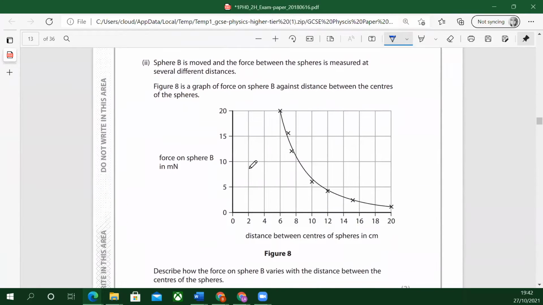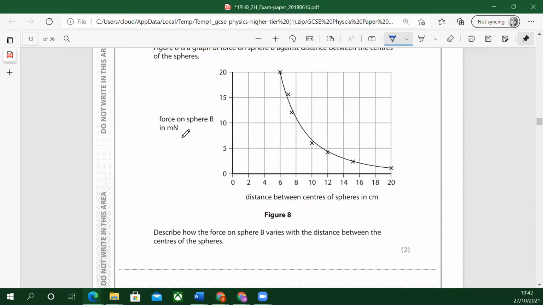Okay, so sphere B is moved and the force between the spheres is measured at several different distances. Figure 8 is a graph of the force on sphere B against the distance between the centre of the spheres. Okay, so it starts at 6 and it goes outwards. Force on sphere B in millinewtons, distance between centres of spheres in centimetres.